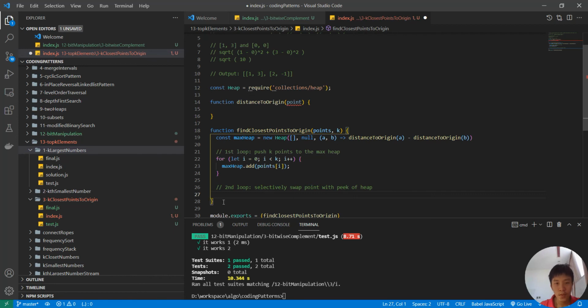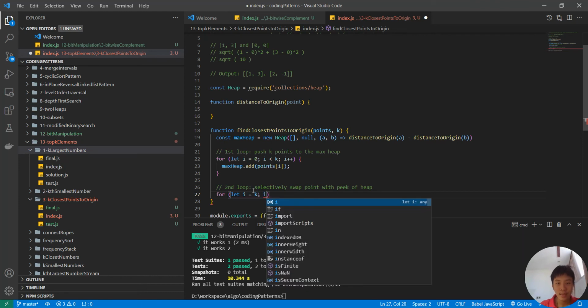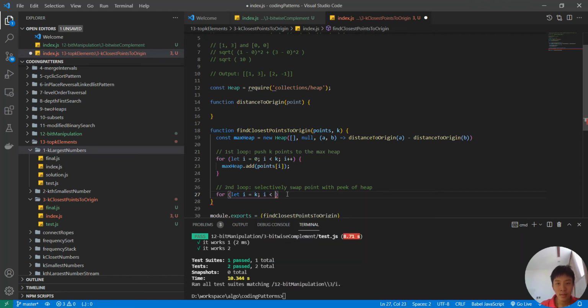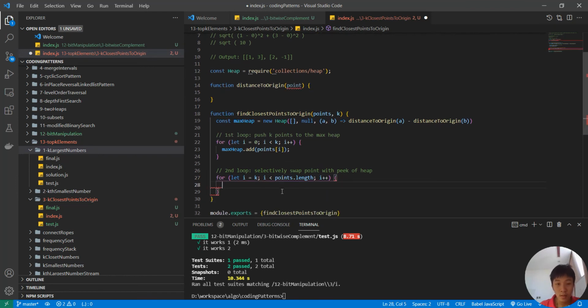For the second loop, the first ran to K minus 1, right? So the next loop will be from K to less than points length, i plus plus.